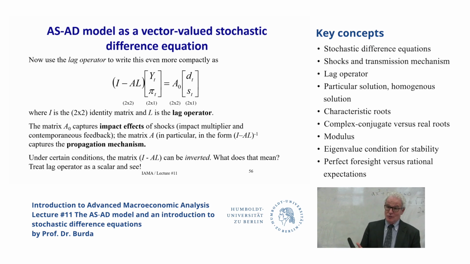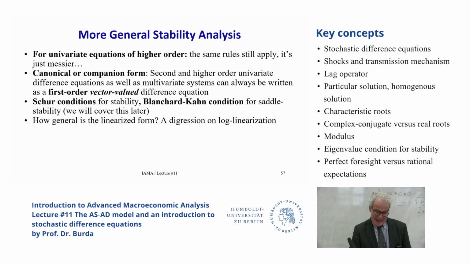But the ultimate thing you should remember is we've got the impulses and we've got the propagation. We've got exactly the same message, except now I'm tracking inflation as well. I've got inflation on the left-hand side. The eigenvalues of the matrix A0 are the same ones as the characteristic roots as before.